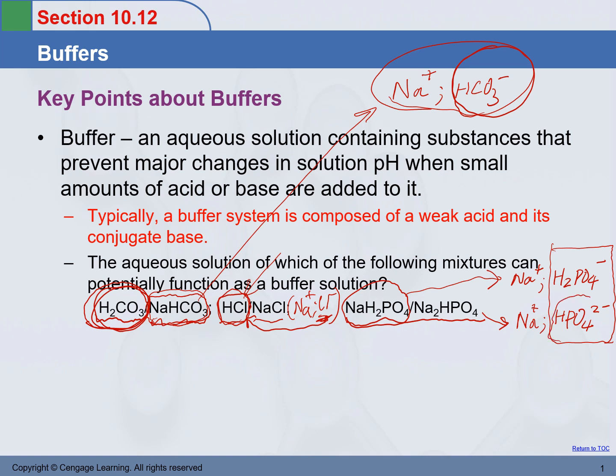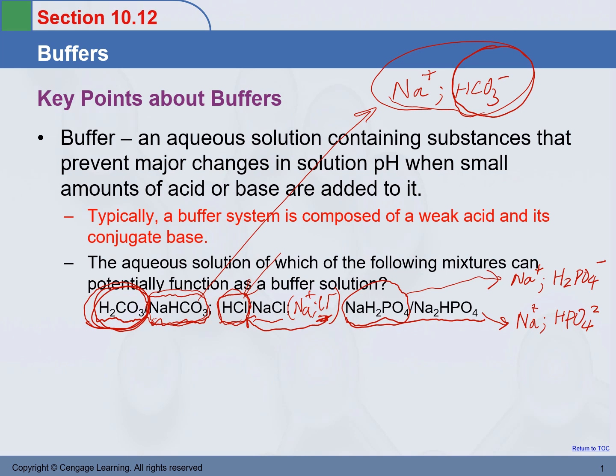This hydrogen phosphate ion is the conjugate base of dihydrogen phosphate ion. The two differ by 1 proton. If you add a proton to this one, you're going to get the dihydrogen phosphate. This is a buffer system.